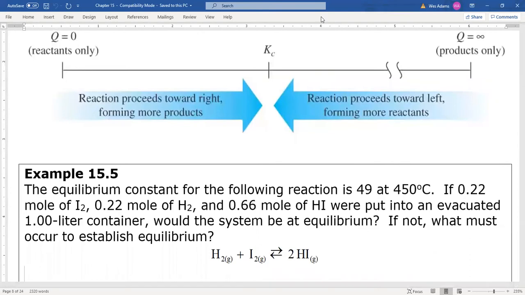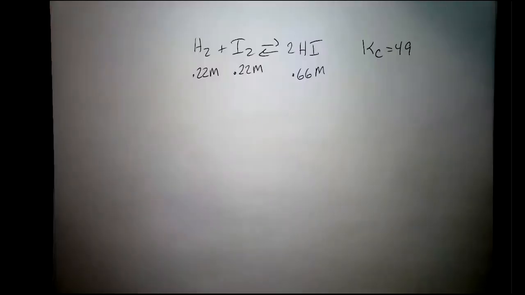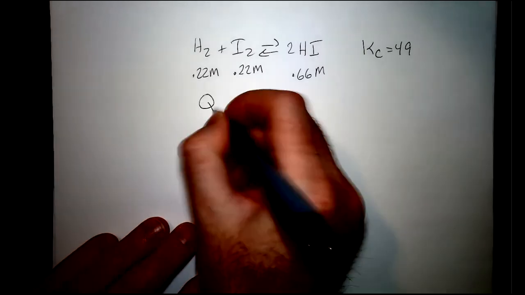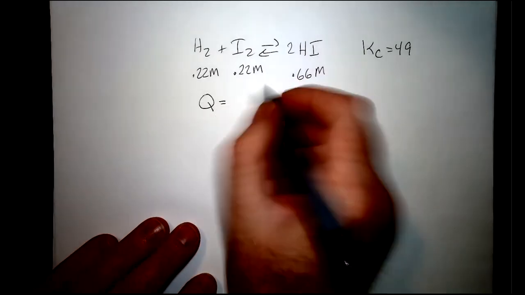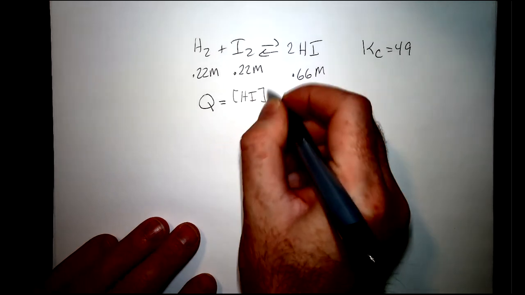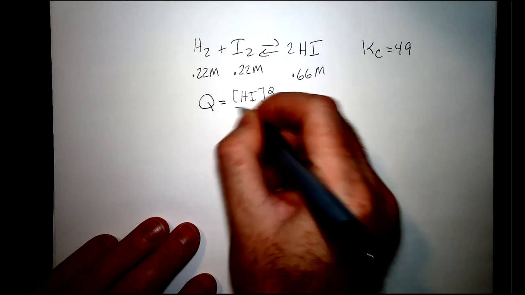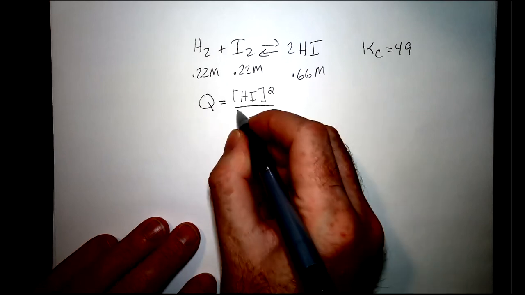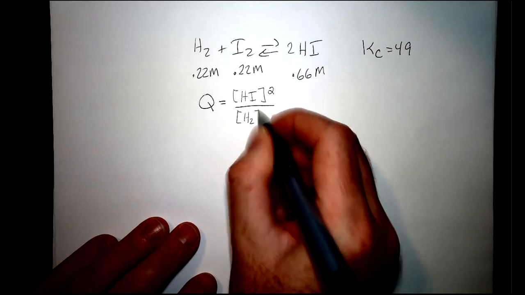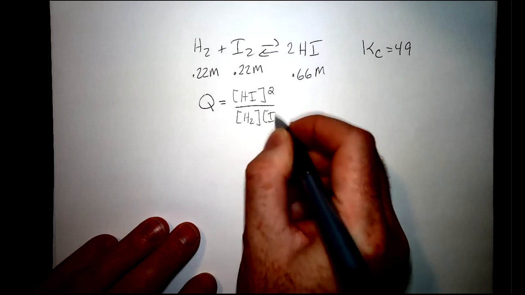So let's look at that on paper. I've transferred that over. So let's get a Q expression going. It's going to have the same functional form. So we're going to have the concentration of HI squared divided by the concentration of H2 times the concentration of I2.